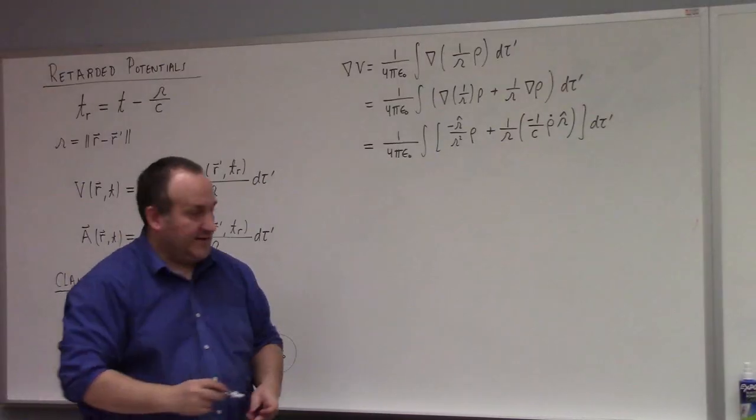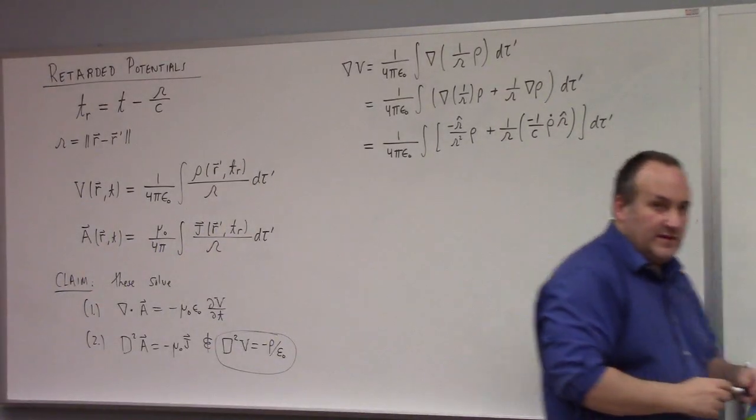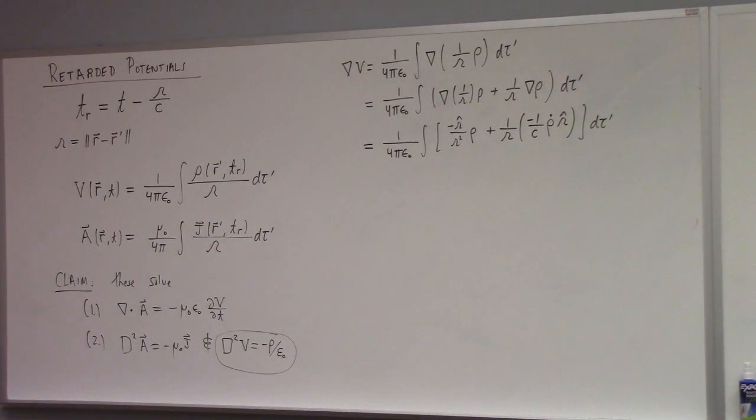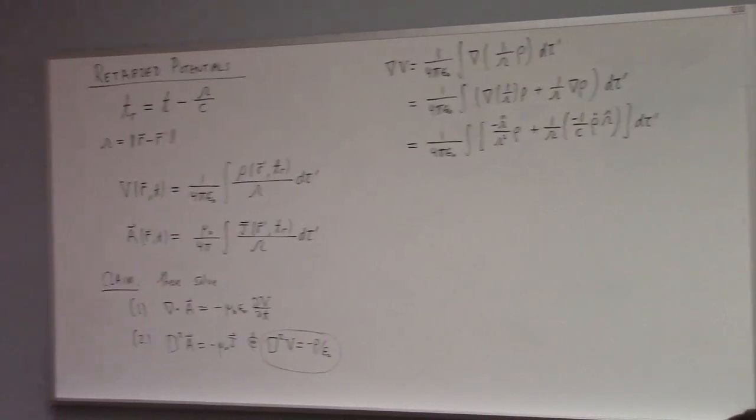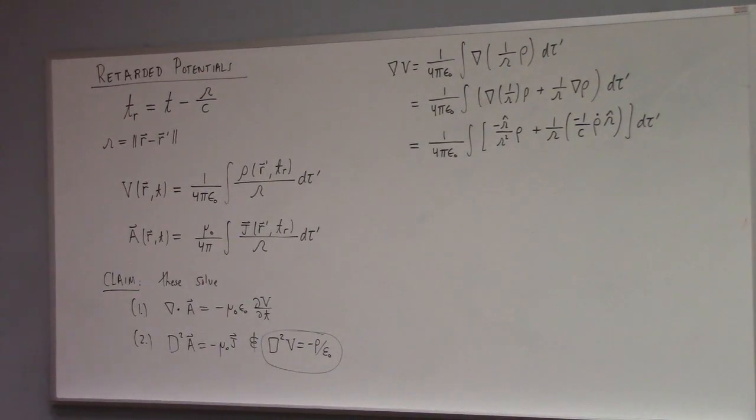Let me elaborate on the reason for the minus 1 over c. And that rho dot just means the derivative of the density. Technically speaking, everything here is a function of r prime and the retarded time, I guess.